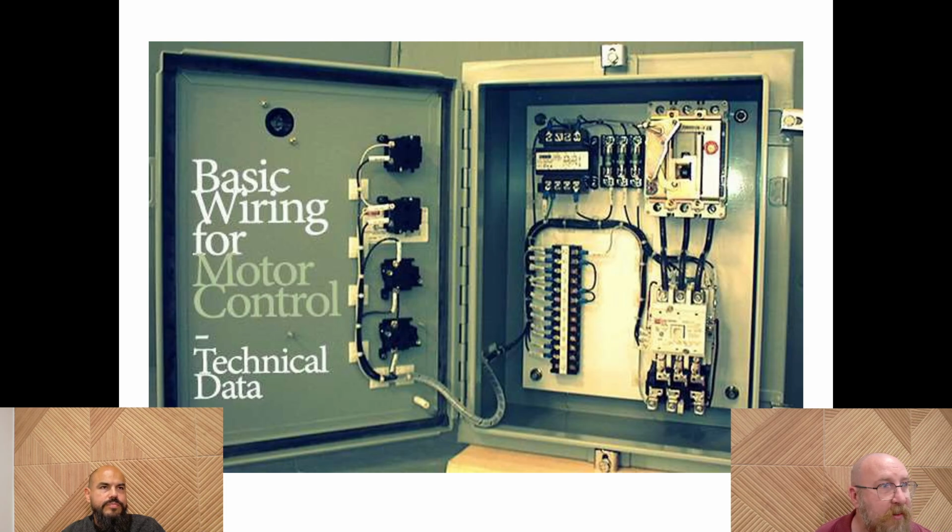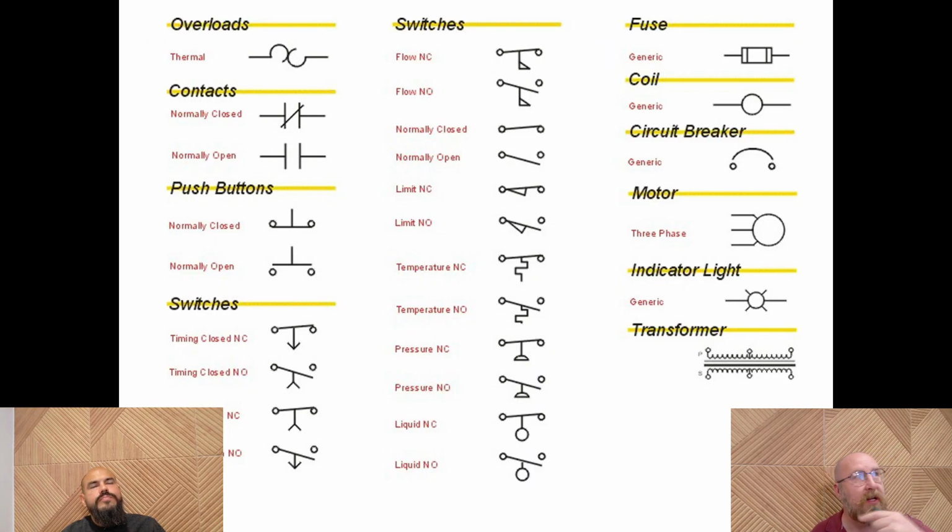So let's just go ahead and hit through this. Here's a review of some of the symbology around these things. You probably have seen this slide before. It shows you old school things where we had discrete components, like temperature switches and pressure switches.